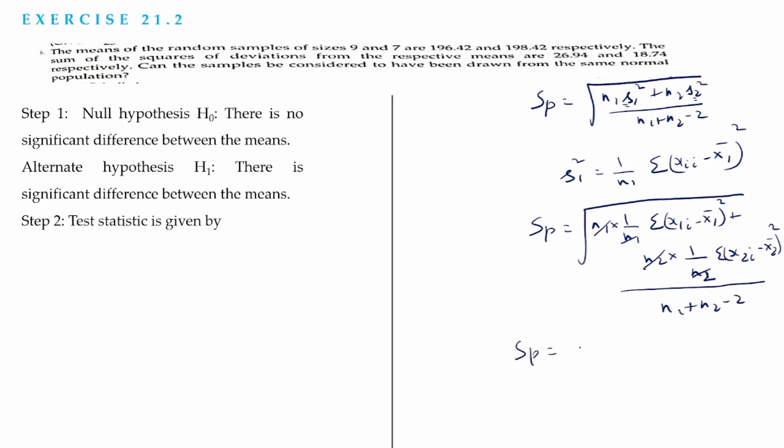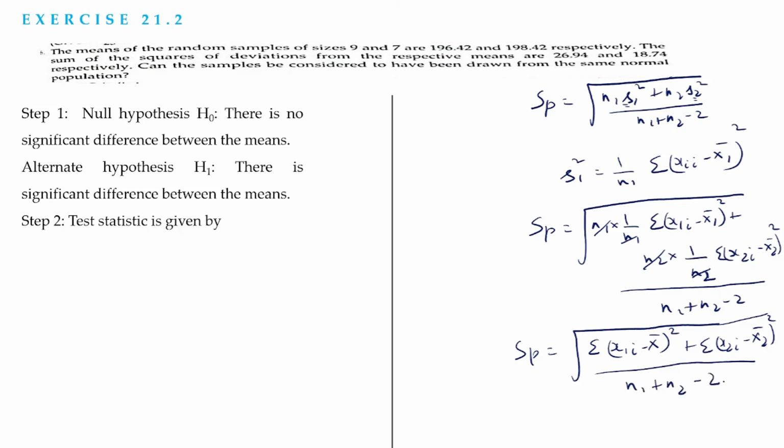So we have sp is equal to root of (summation (x1i minus x1 bar) the whole square plus summation (x2i minus x2 bar) the whole square) upon n1 plus n2 minus 2.